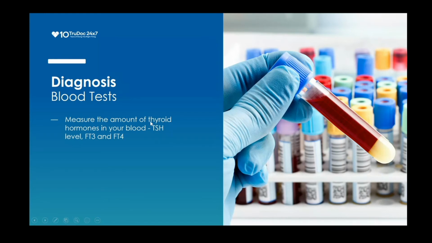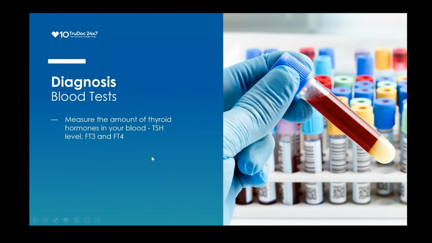If this is irregular in anyone's lab reports, he or she should then get FT3 and FT4. This will differentiate. If the TSH is high, it means the thyroid is being stimulated to work above normal because the body is not producing enough thyroid hormone.